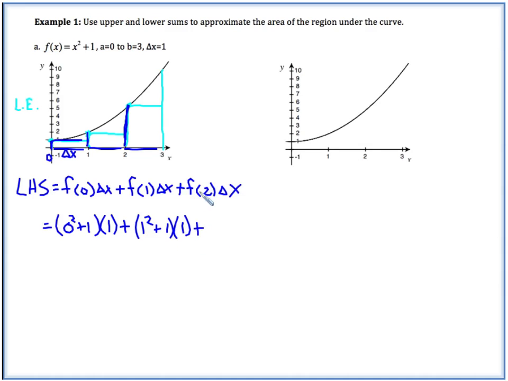And then f of 2 is going to be 2 squared plus 1 times delta x, which is just 1. And when we add all this up, this equals 1, this here is going to equal 2, and this is going to equal 5, and so our sum is 8. And this right here is our lower sum.